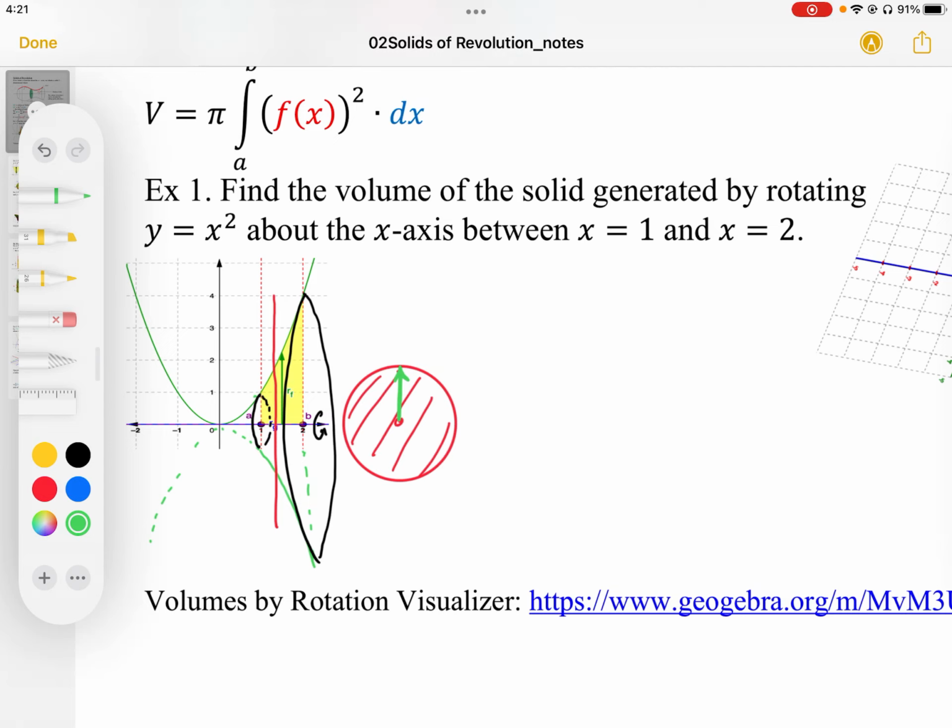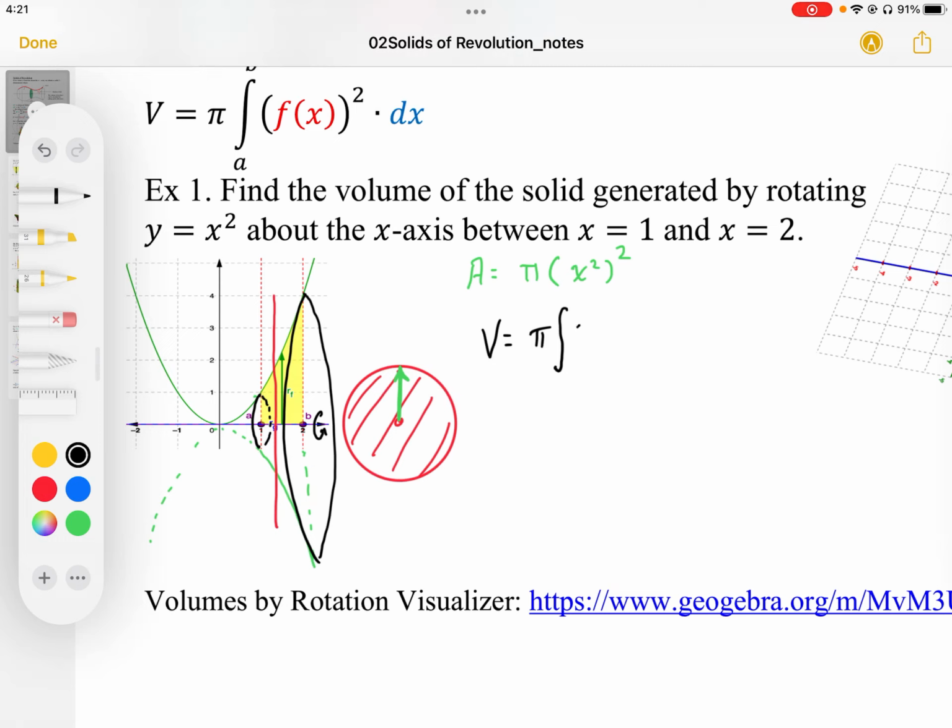So the area, my area expression, is going to be based on pi times r squared. Well, r is the height of that curve. In this case, it's x squared, and then we need to square that. Okay, so that's my radius squared. If I want to calculate the volume of this, then I'm going to take all those slices and give them some thickness.